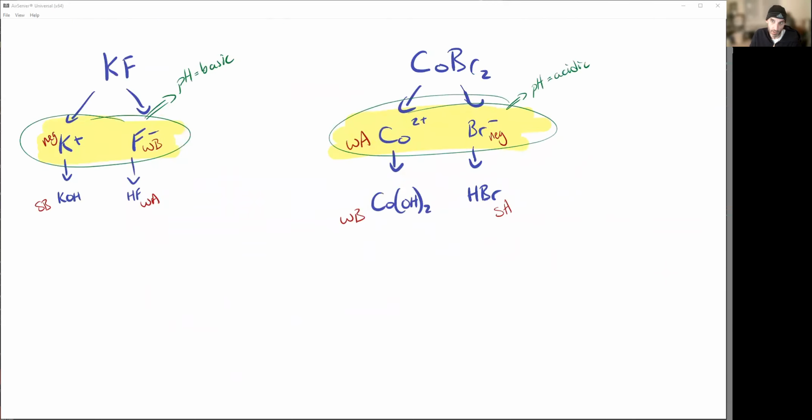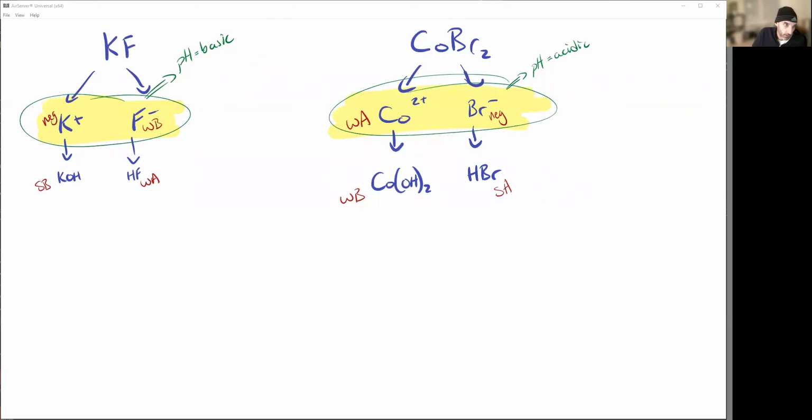So now I'm going to give you a bunch and we're going to do these in class together. Let's do NH4Cl. Let's do calcium carbonate. Let's do FeNO3. What else? Do I have some more? Sure.